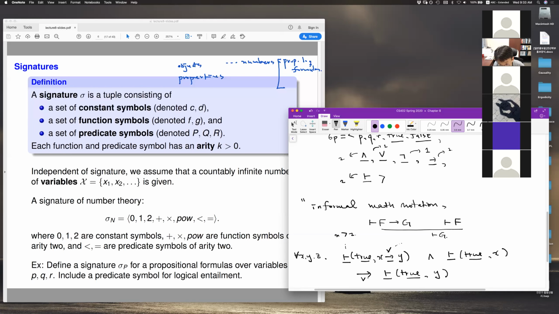On the other hand, this is the implication of first order logic. So we are constructing two terms: one is called true, the other is x arrow y. We construct an atomic formula by applying the base predicate entails to these two terms. So this is one atomic formula in first order logic, and in the same way, this is another atomic formula in first order logic.